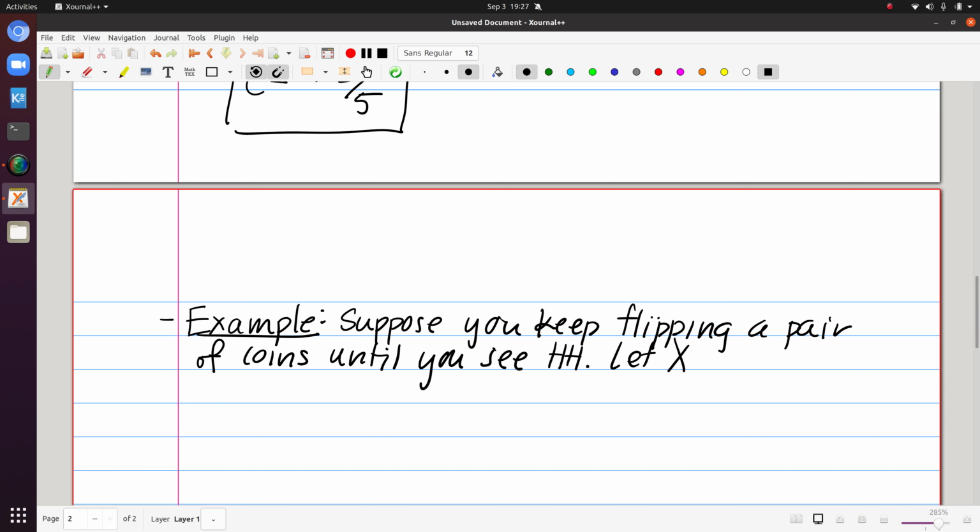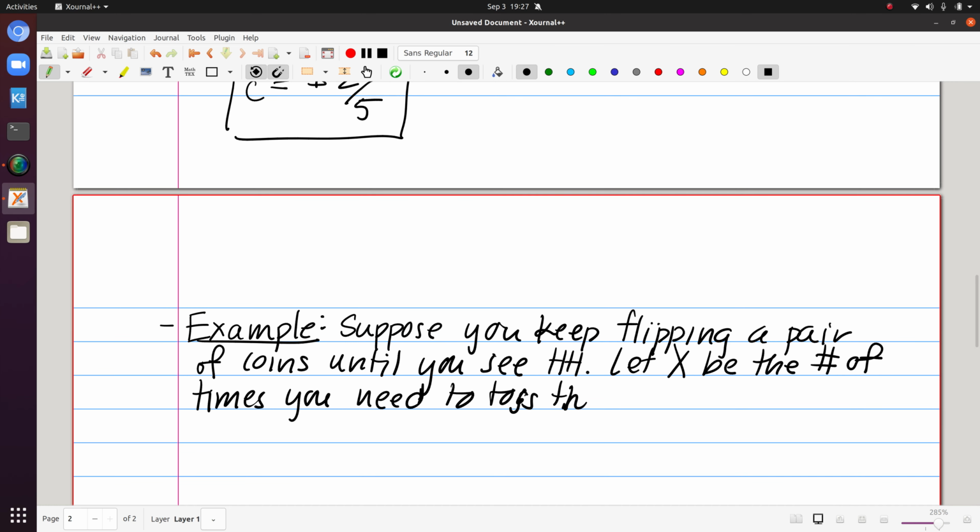Let's define the random variable x here to be the number of times you need to toss the pair for this to occur.